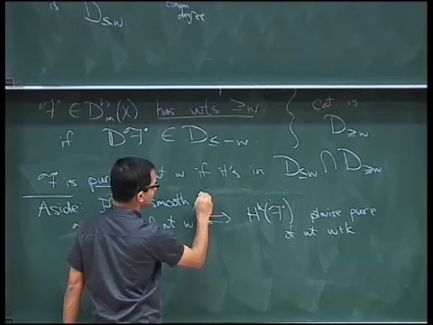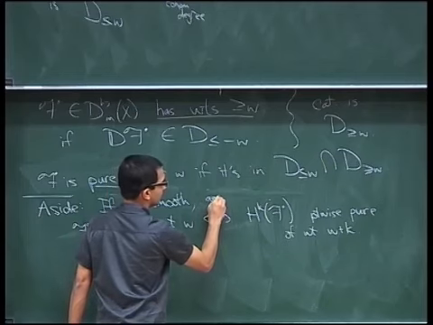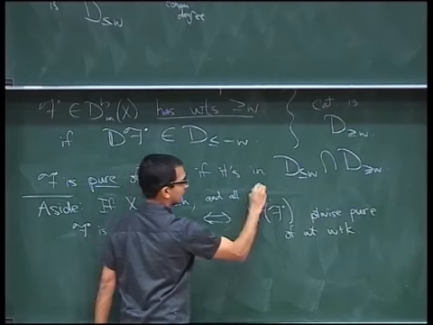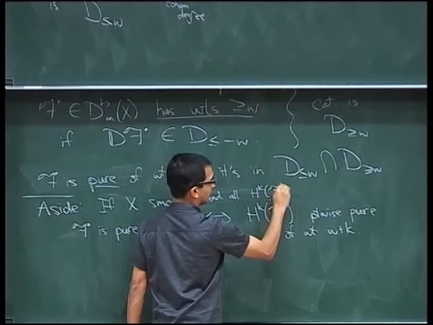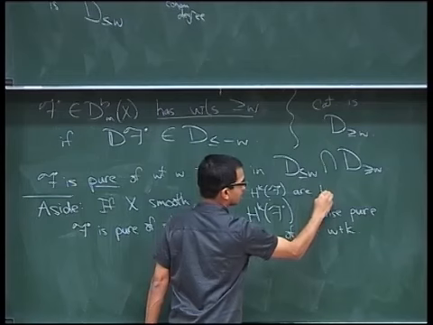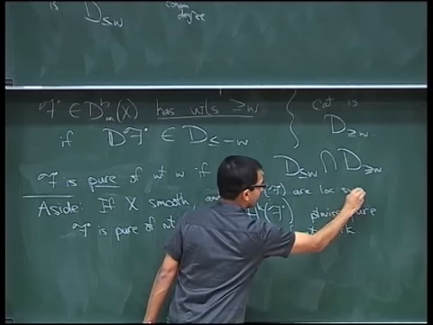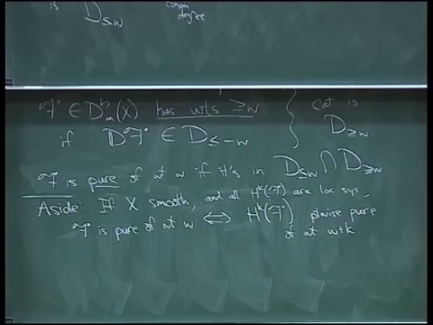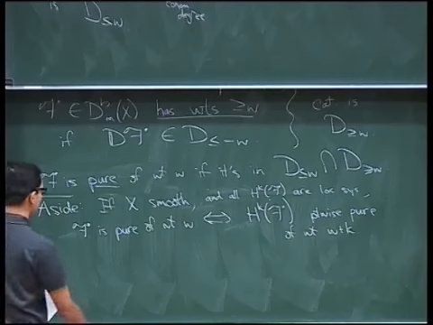If X is smooth and all the H^k are local systems, then pure and pointwise pure are the same thing, but not in general.